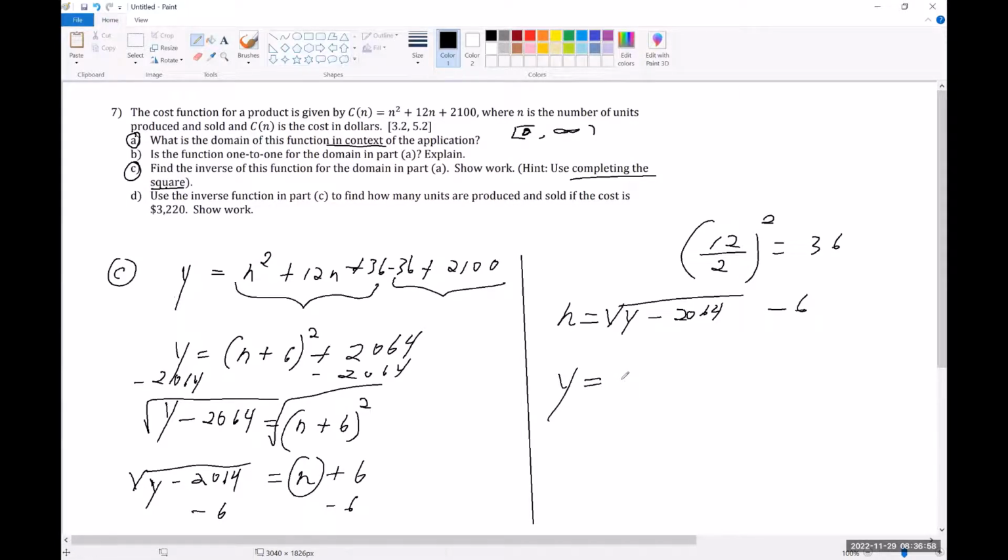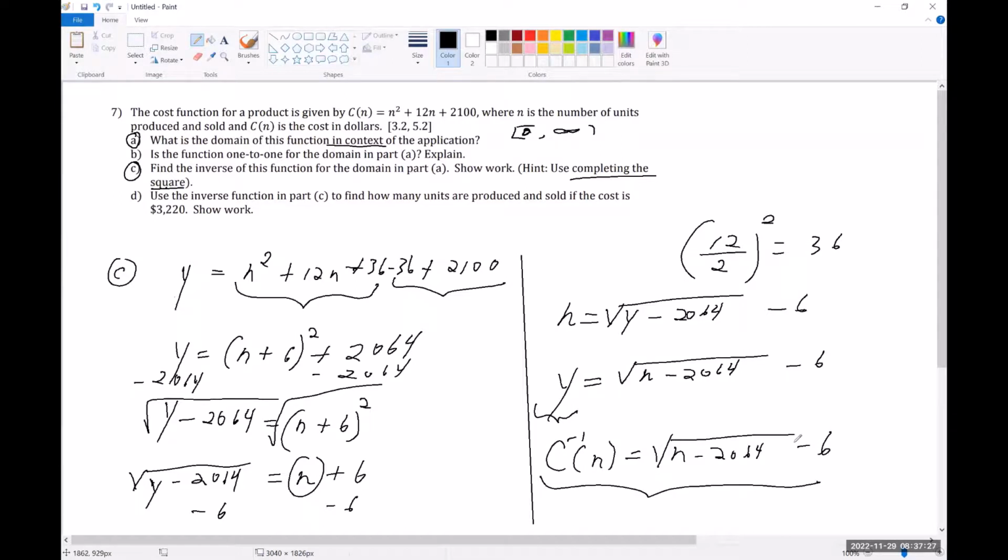That's the whole reason for doing that. Except n no longer means number of units because I'm doing the inverse. And then I'm going to replace with the inverse. So that's my inverse equation.